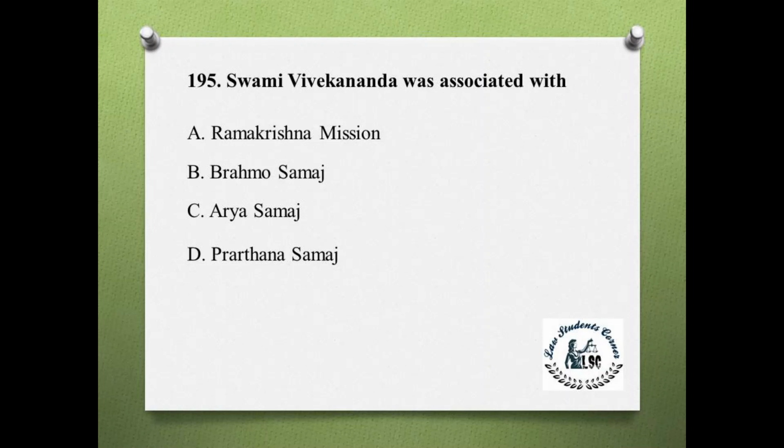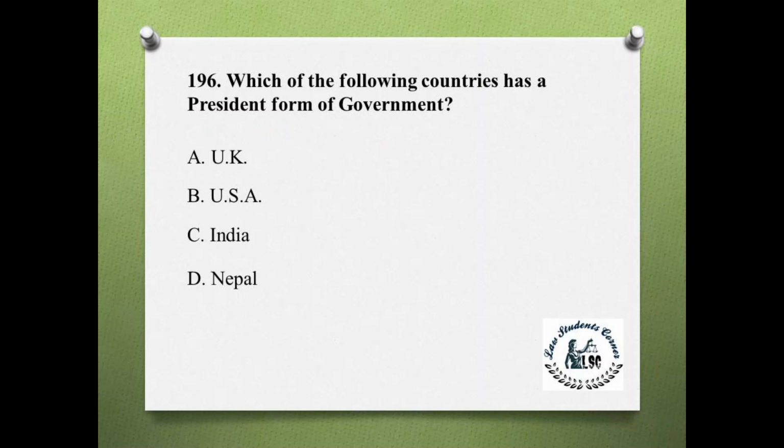Swami Vivekananda was associated with option A Ramakrishna Mission, option B Brahma Samaj, option C Arya Samaj, option D Prarthana Samaj. Correct answer is option A Ramakrishna Mission. Question number 196. Which of the following countries has a presidential form of government? Option A UK, option B USA, option C India, option D Nepal. Correct answer is option B USA.